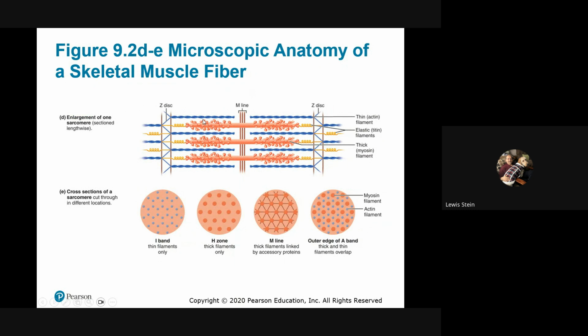Except in the cell, you remember the animation, we can build them up and take them apart. Here, they're always there. They become a structural element and form a tiny filament, as you will see shortly.